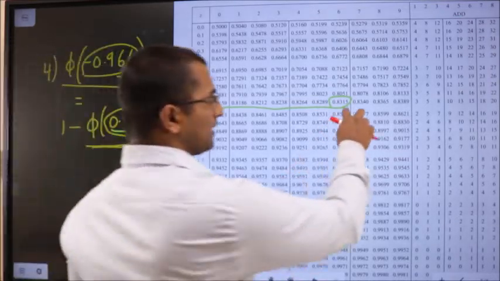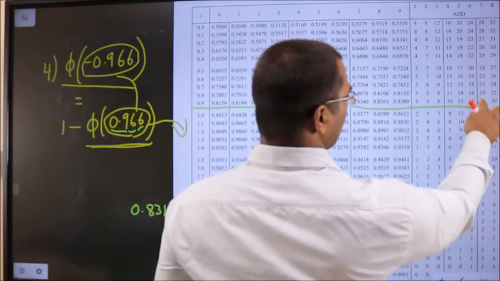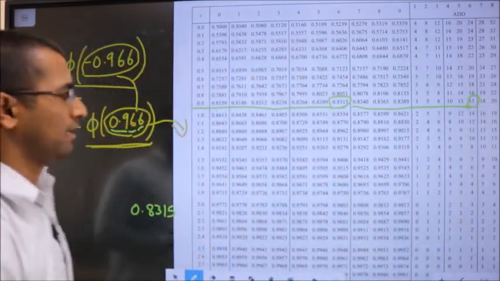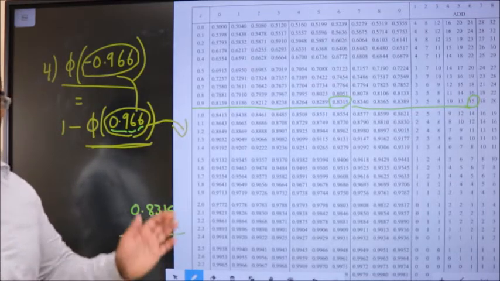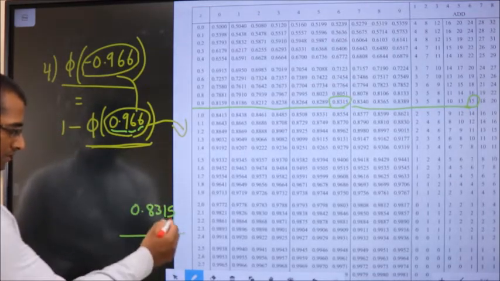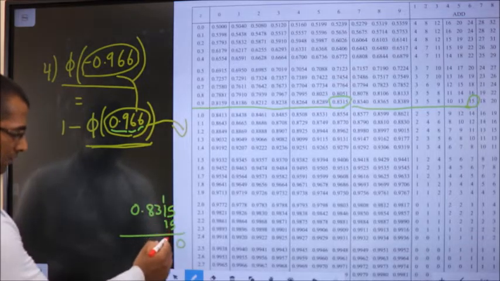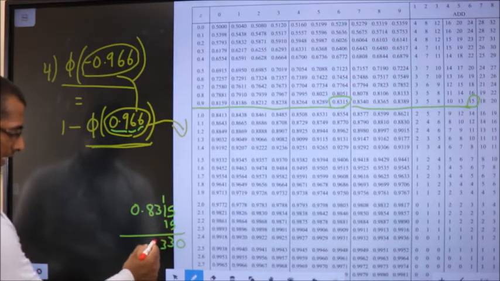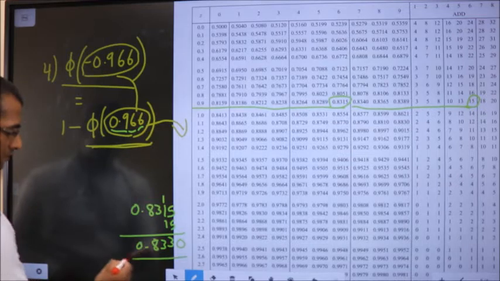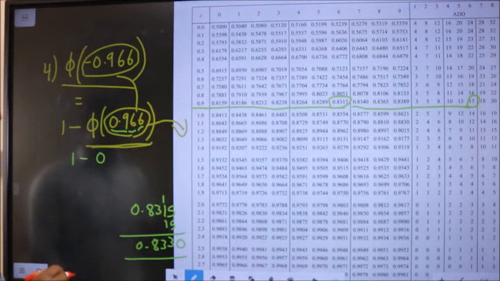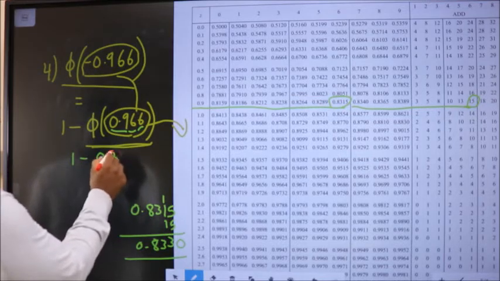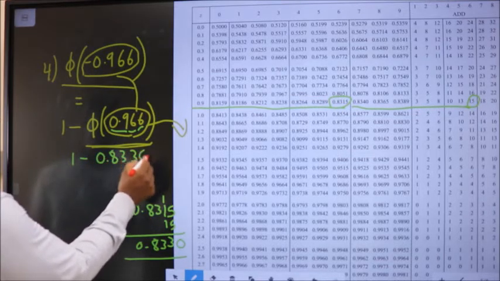So continue in the same row. Where do you come across 6? 15. Add 15 to the last digits. So 5 plus 5, 10, 1, 2, 3, 3 and 8. So this is the answer for phi of 0.966, which is 0.8330.